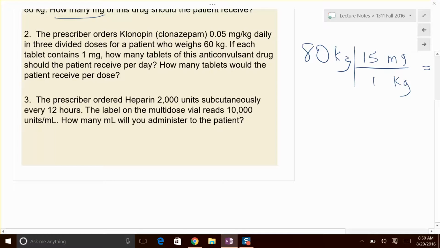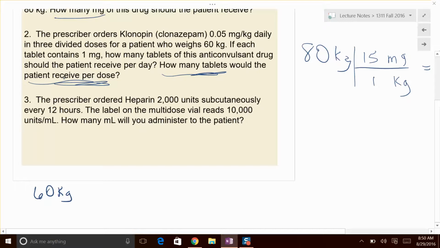How many tablets would the patient receive per dose? Okay, so the patient weighs 60 kilograms.